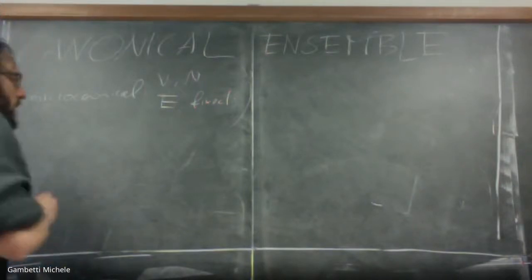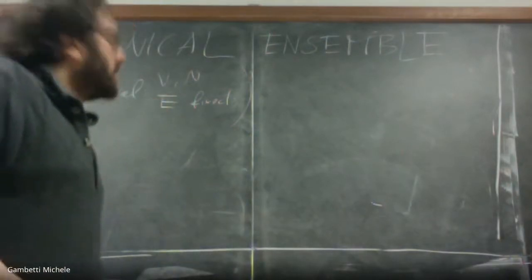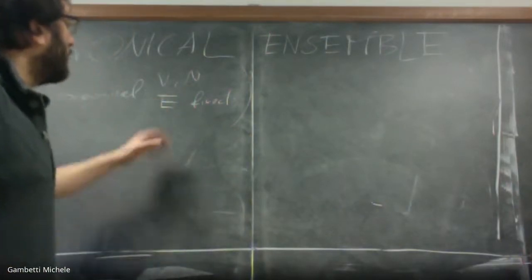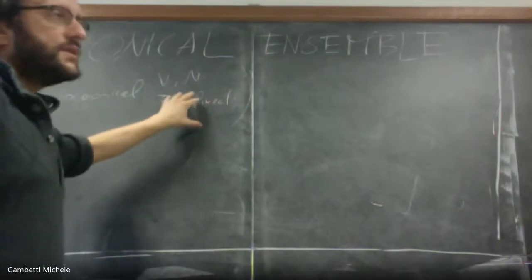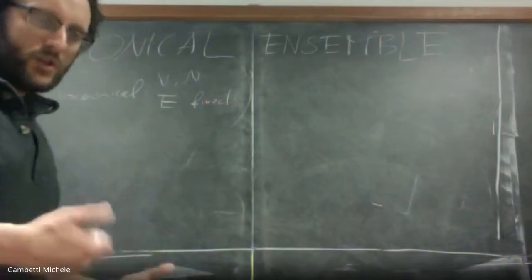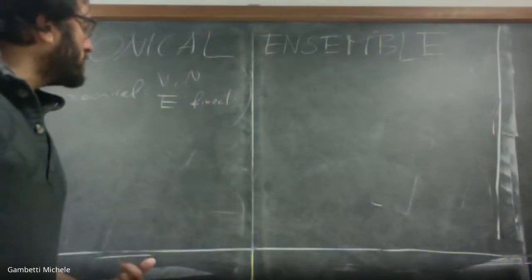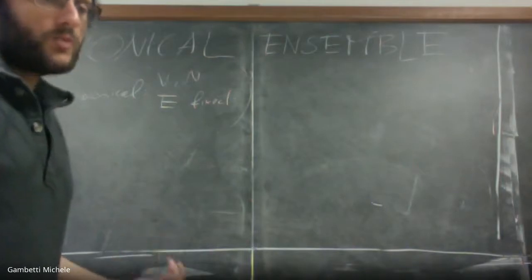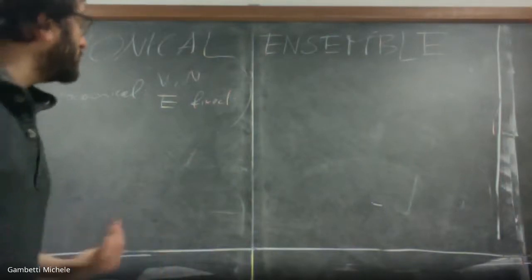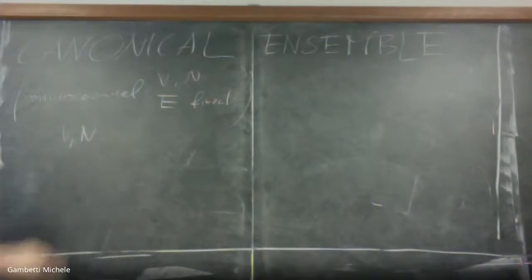It's due to the fact that usually, experimentally, it's not very easy to fix the total energy of the system, because the system in any case will try to exchange energy with the environment. So the situation which is much more common is one in which V and N are fixed.